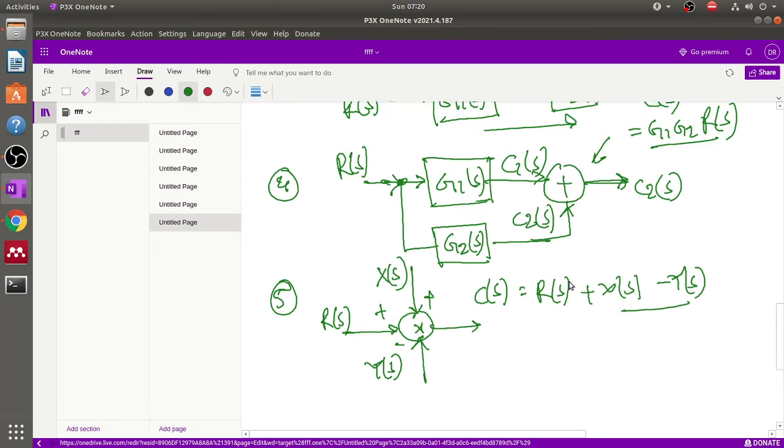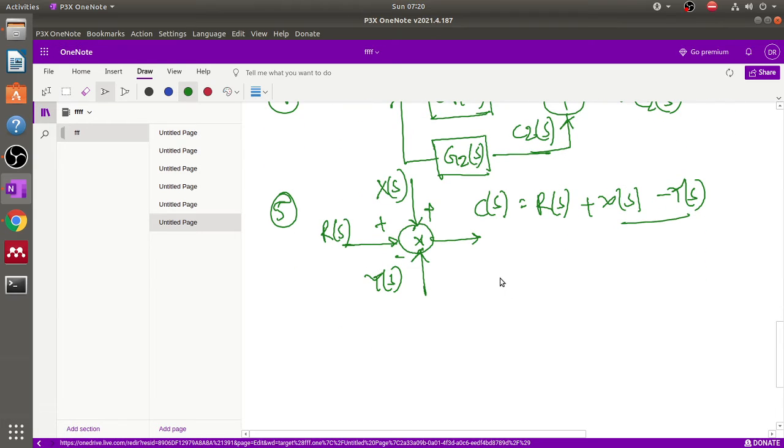Some summing point rules also apply here. This is a plus and this is a minus. So here we apply R(s) and here we apply X(s), and we break this one summing point into two summing points.